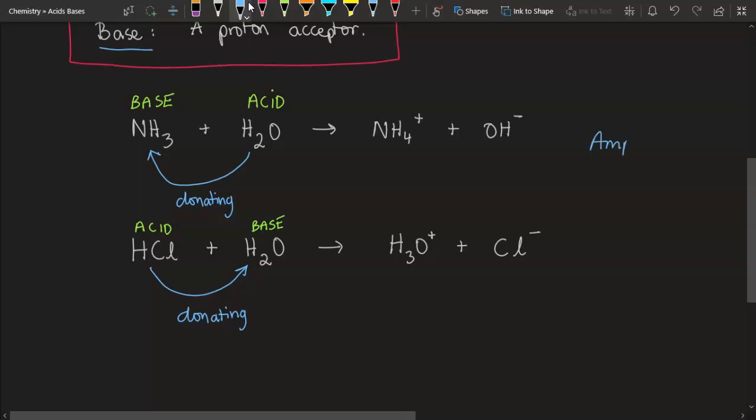So an amphoteric substance can donate and accept protons. It's weird to think of water as an acid or water as a base, but again, we have to think about it in terms of whether something is donating a proton or accepting a proton.